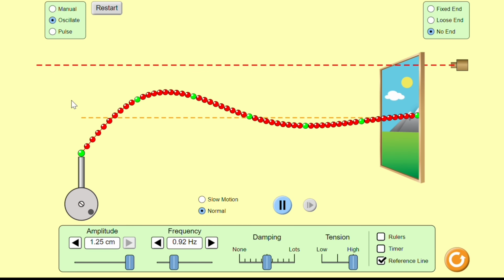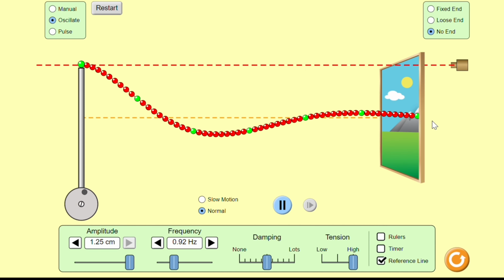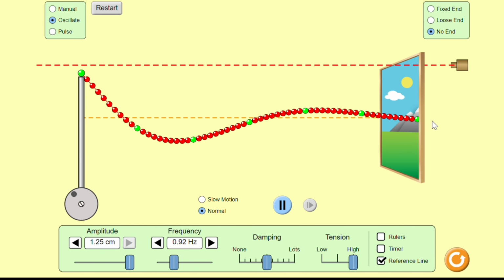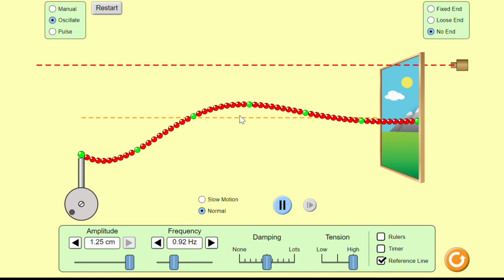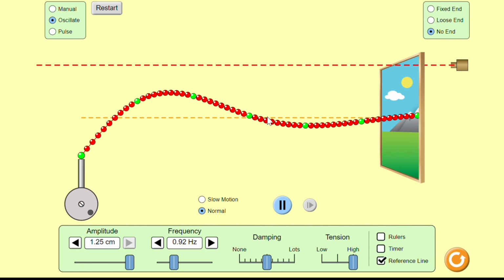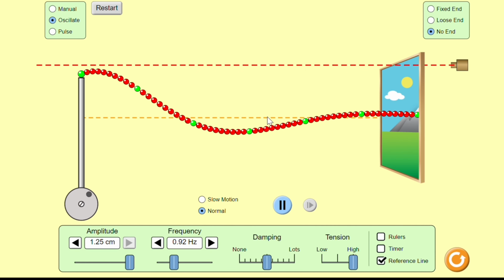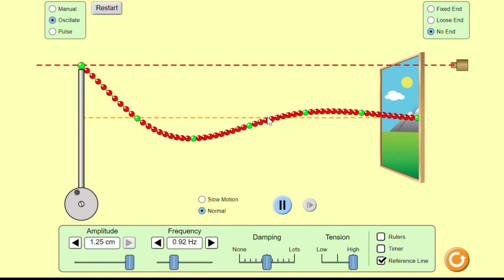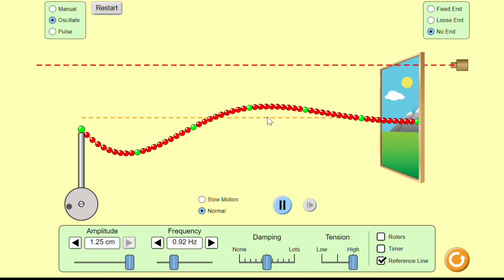So if our wave is moving to the right and we are saying our particles on the medium move up and down, well, the medium is this string that we have here, or the rope, whatever you want to call it, right? If we say that the particles are moving at right angles, then they should be moving up and down. So let's go ahead and analyze and see if that is the case.